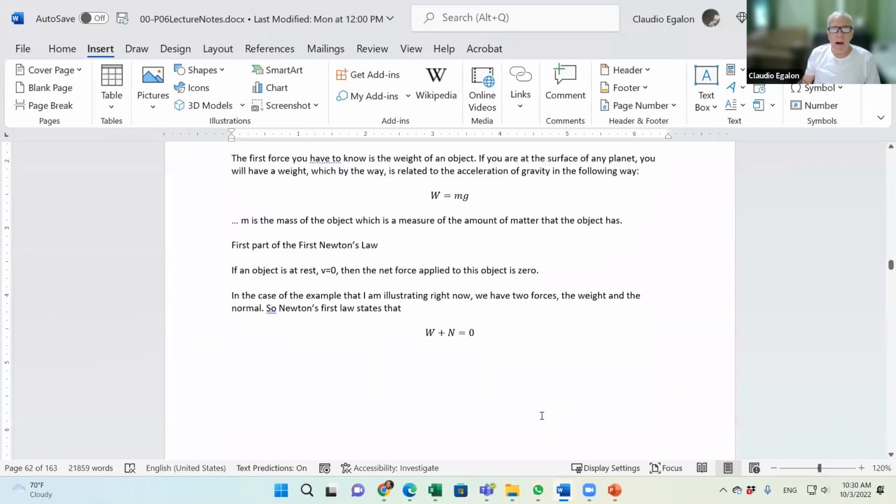And there is more. Force is a vector. So we have to put the vectorial sign there at the top of the force.